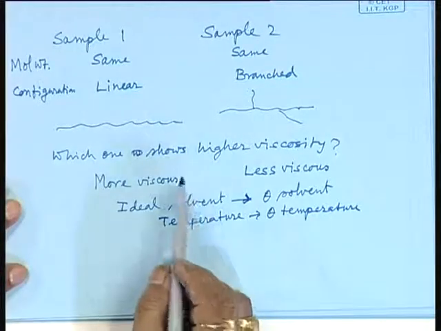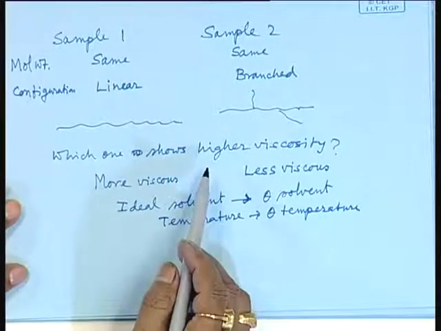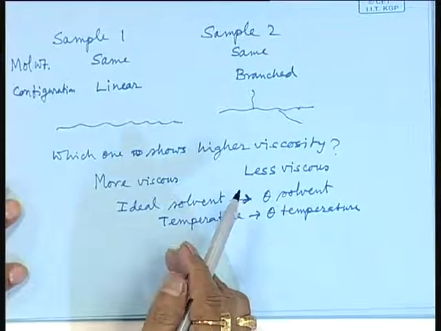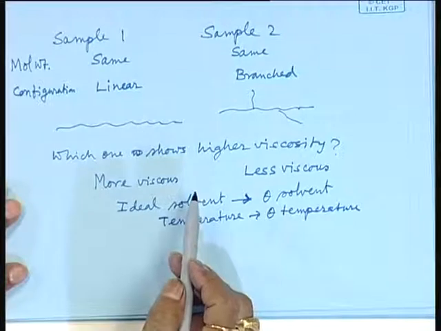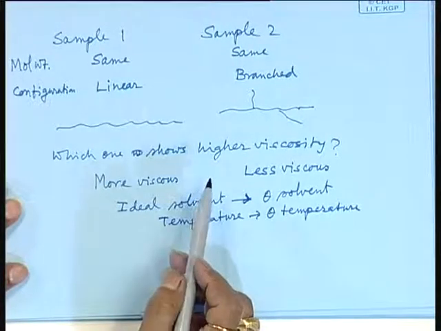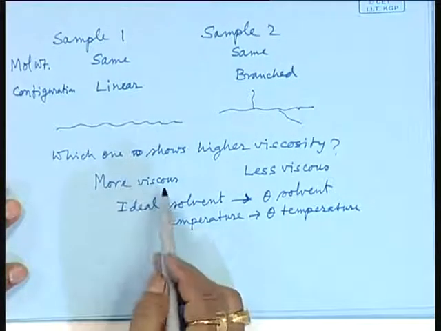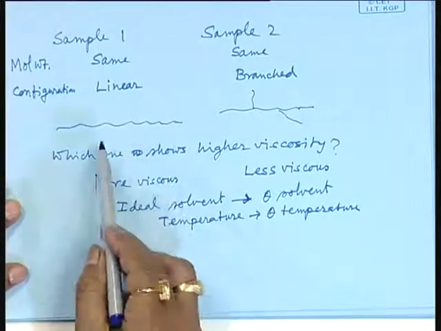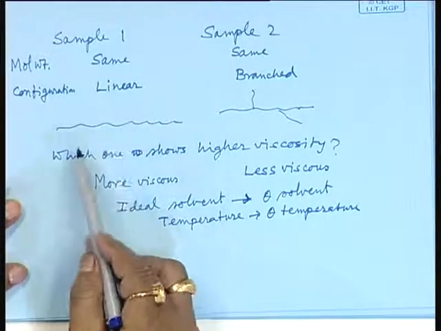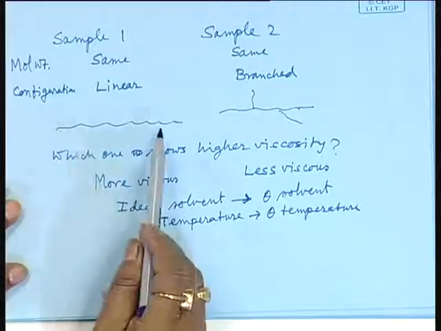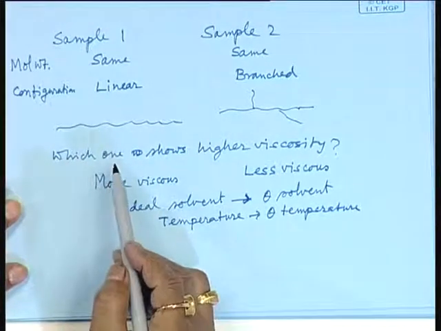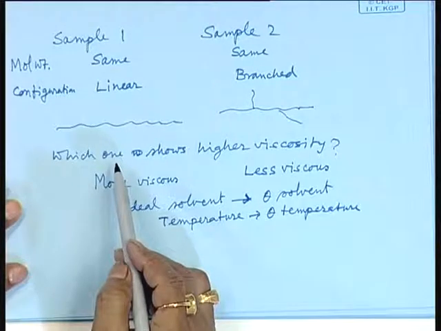I have not got the answer to this question, which one will be more viscous. Probably I have to say, because you have just opposing answers, so I have to solve the problem. This sample 1 will be more viscous. The reason is, in case of an ideal solution or very dilute solution, this molecule is free to gyrate or rotate during movement through the capillary.